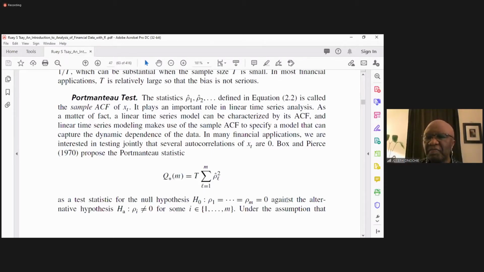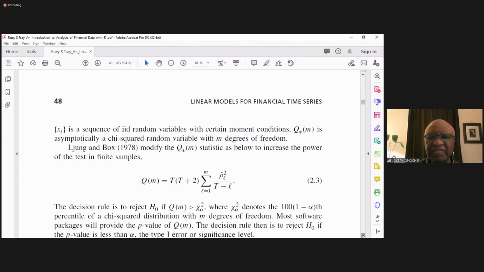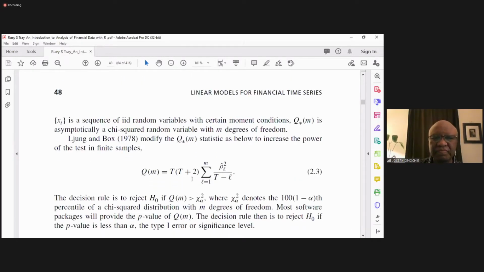But there's another variation of this. This one is by another two professors, Professor Ljung and the same Professor Box. They use another test statistic given by T times T plus 2 and so on, because one of them is more powerful than the other given certain conditions.